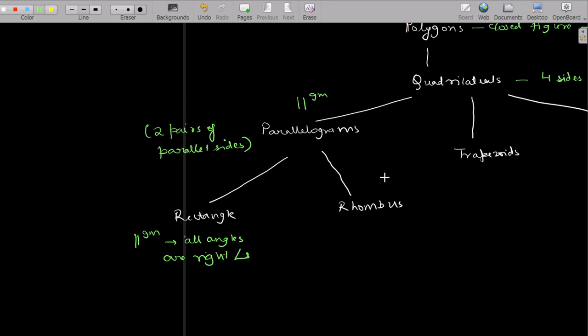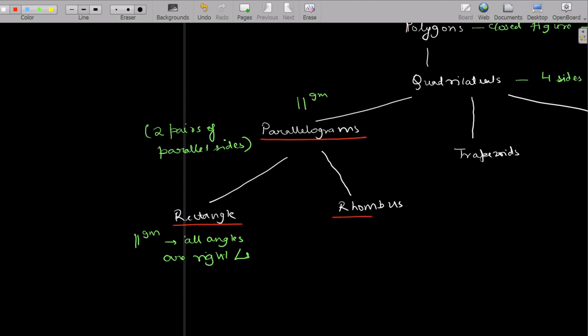Tanvi, do you know about rhombus? How does a rhombus look like? It's like this, isn't it?